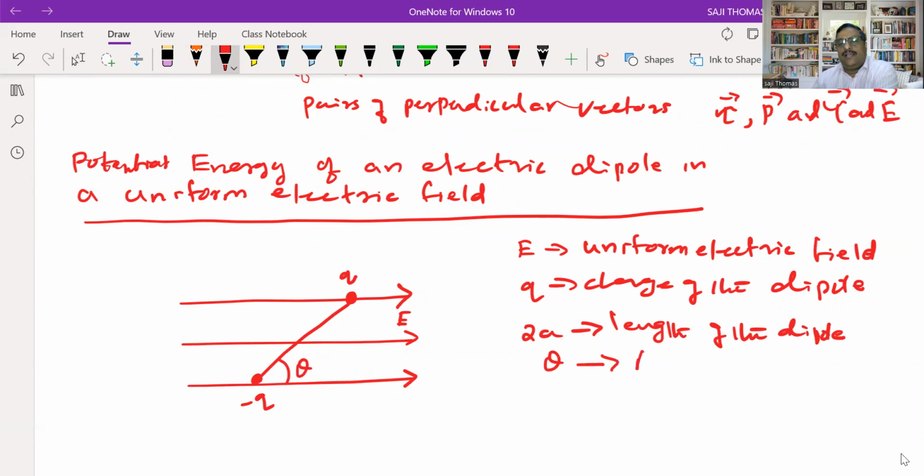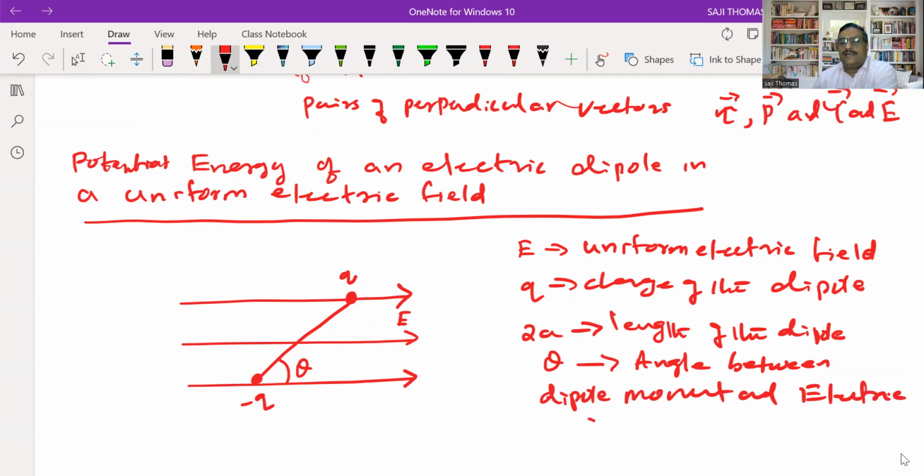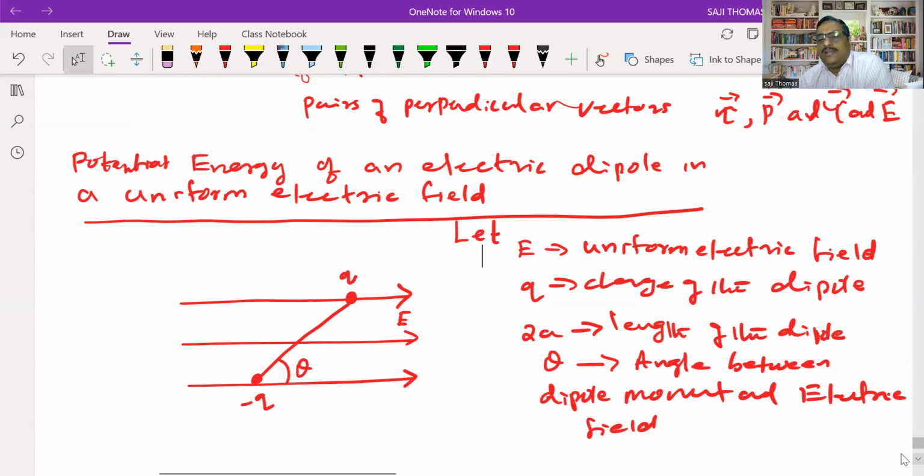Theta, angle between dipole moment and electric field. See, these are the assumptions for the derivation. So first write 'let' and write these assumptions for the derivation. It is important. Otherwise, you may lose half a mark if you don't write the symbols like this for the derivation.